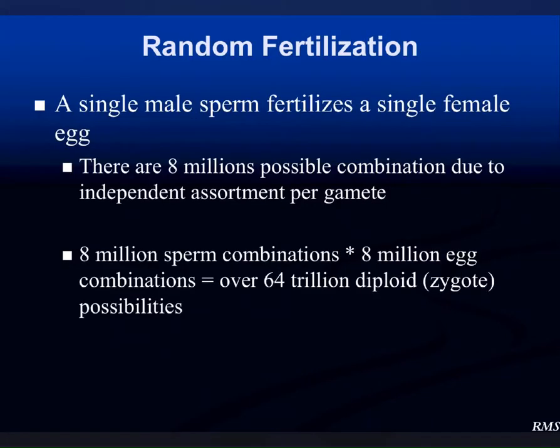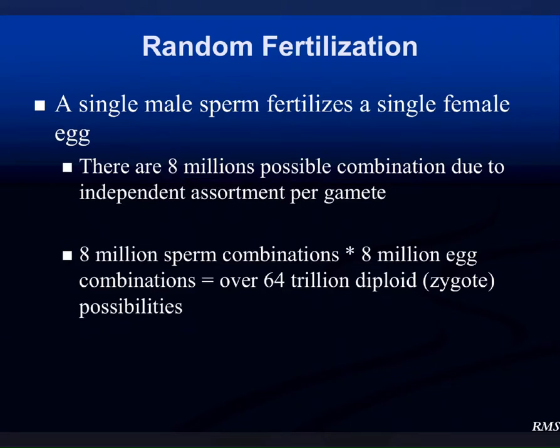And then the last point is random fertilization. So remember that during fertilization, you have two sex cells coming together, a sperm and an egg. So it only takes one sperm cell to fertilize that egg. The question is, which sperm cell gets to which egg? Remember, based on the first principle we talked about, independent assortment, there's 8 million possible combinations that you can find in a gamete.